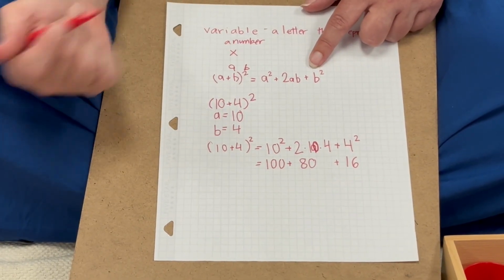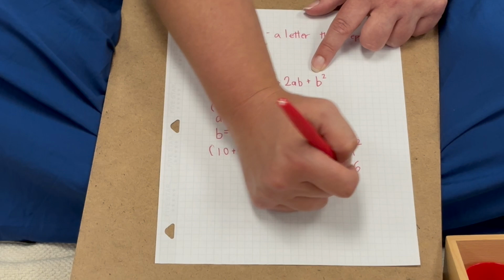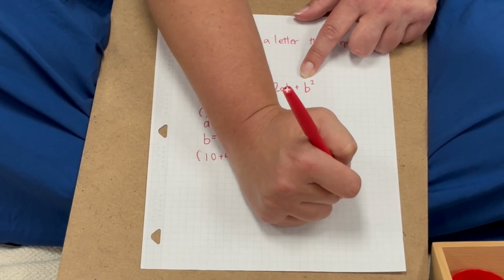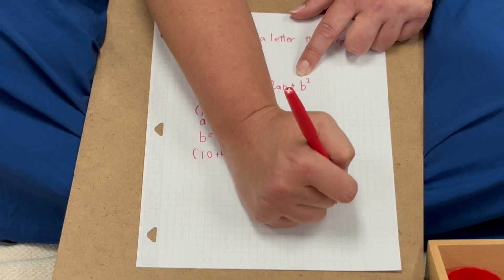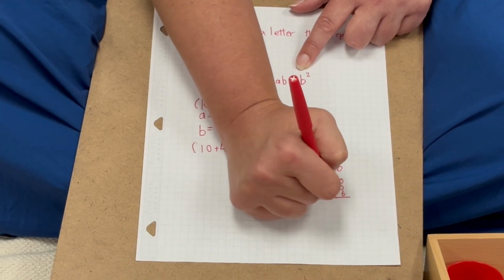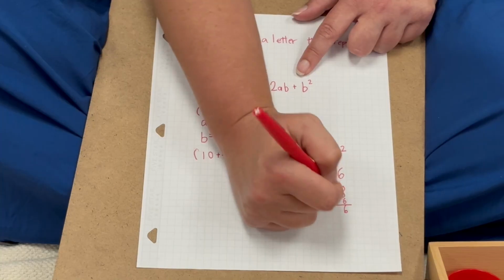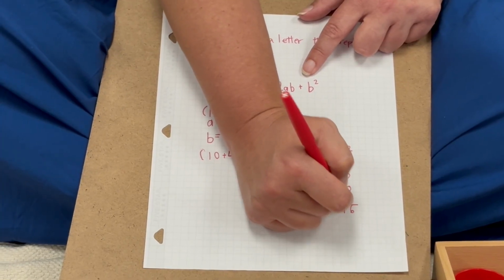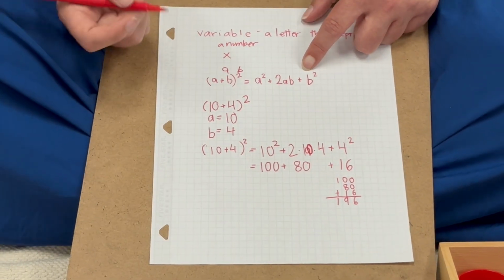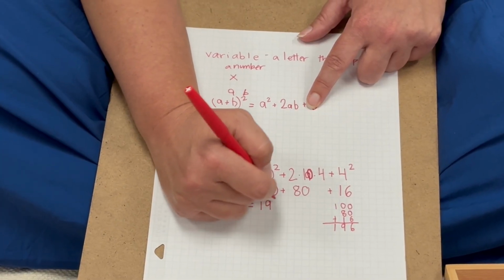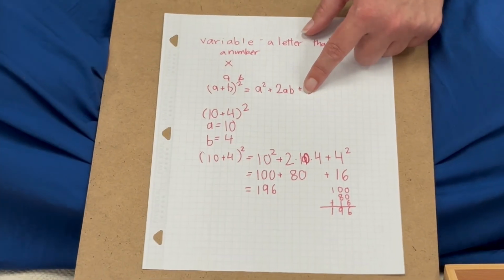And then like I've done before, I like to write these vertically so we can add them up easier. 100, 80, 16. All right, start with the lowest place value. We have 6. 8 plus 1 is 9. And 1 equals 196.